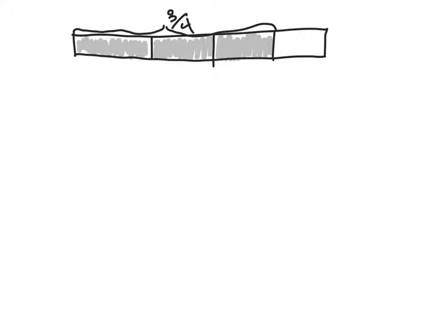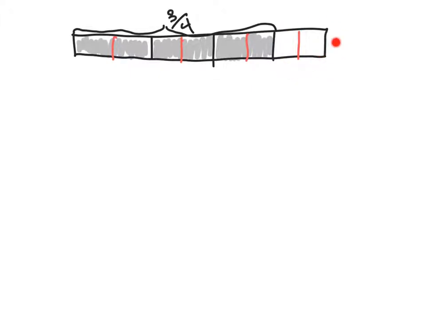So now we want to decompose and show the shaded fractions and see if we can come up with another way of showing 3/4. So if we try to cut this up, I'm going to cut this right in half. Now we have 1, 2, 3, 4, 5, 6, 7, 8.